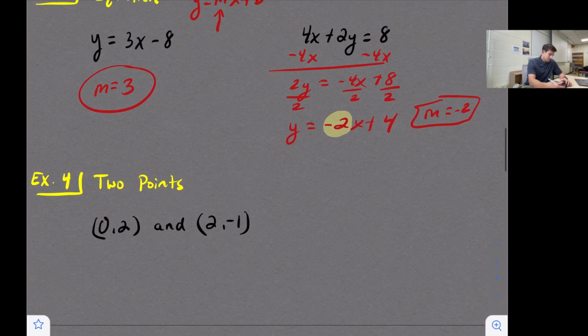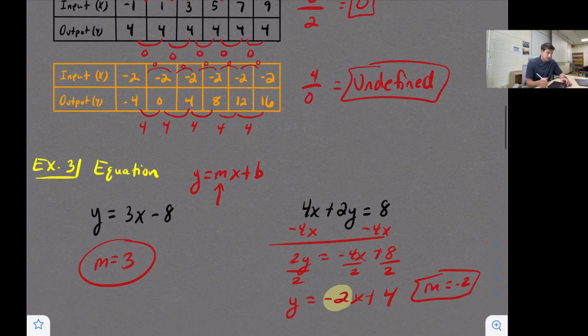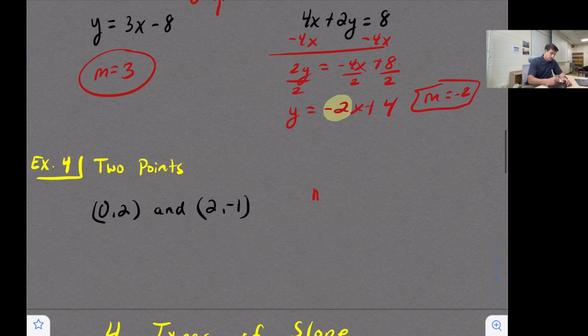And now lastly, let's find the slope from 2 points. So if we think back to an example we did previously, we used this formula or this equation right here. That's what we're going to use with 2 points. We're going to say slope is equal to the change in y, or y sub 2 minus y sub 1, over x sub 2 minus x sub 1. So we can label our points.